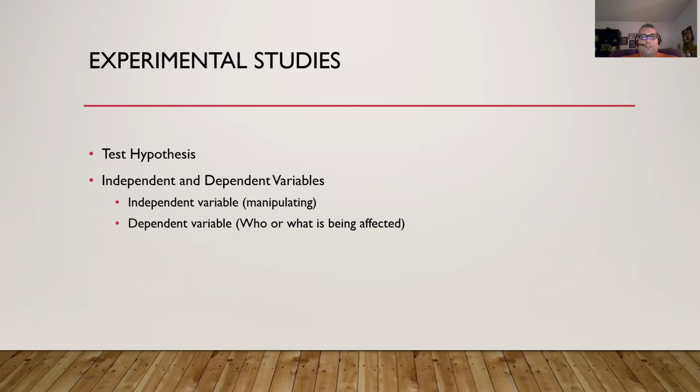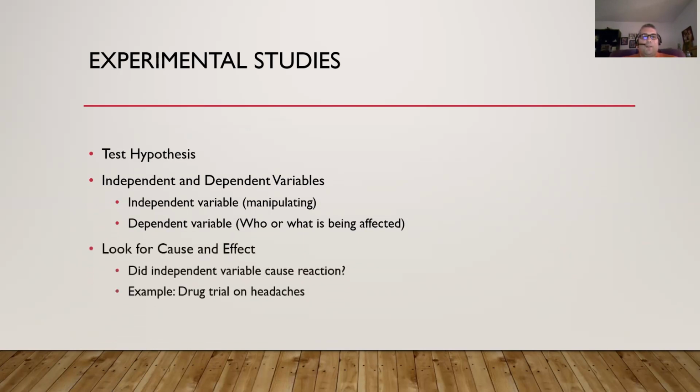Also in experimental studies, there's an independent and a dependent variable. This is what a lot of students miss as well. Remember, the independent variable manipulates something. The dependent variable is the actual behavior that results from the independent variable. So for instance, in a drug trial, did this pill cure headaches?